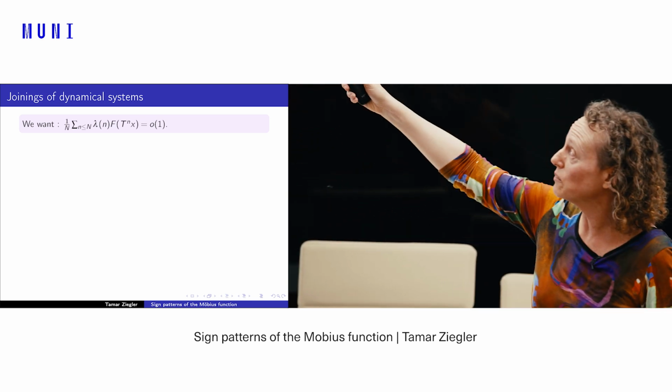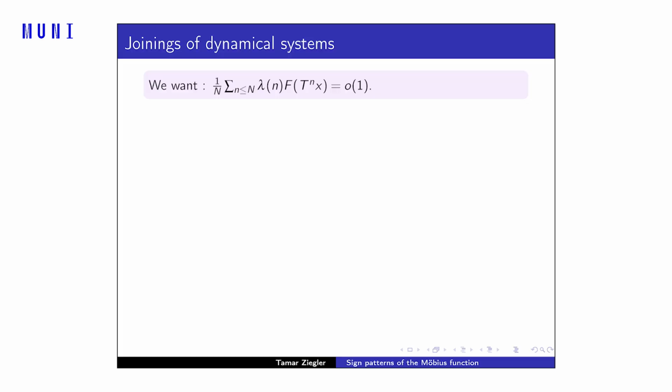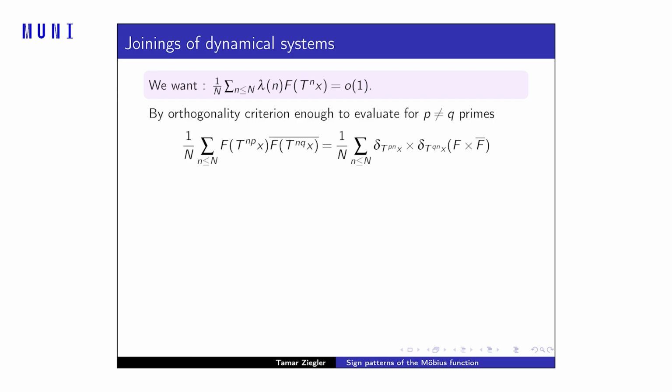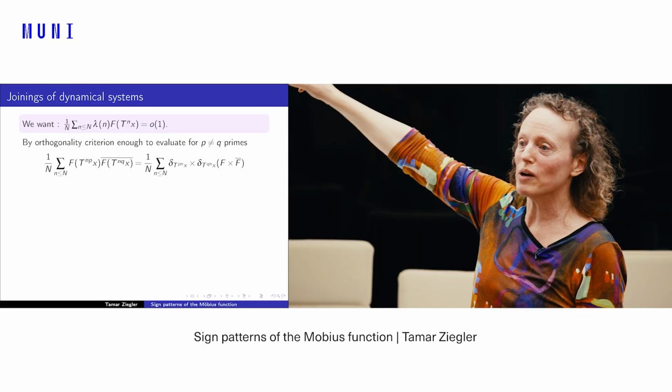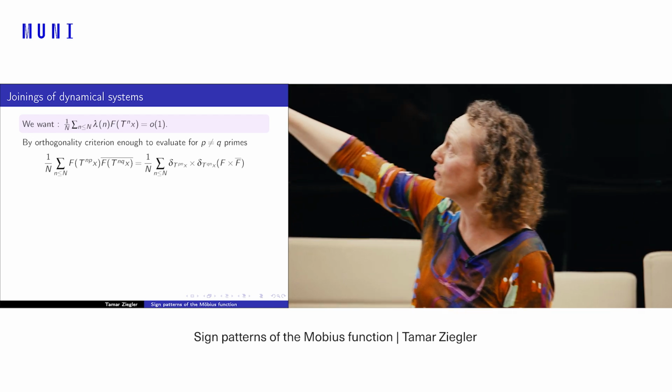We want to understand when a sequence has this cancellation, when lambda n is orthogonal to f of T to the n x. And this criterion says that it's enough to show that for any P and Q, I have no correlation between the P orbit and the Q orbit. Now, let me rewrite the sum expression in a different way.